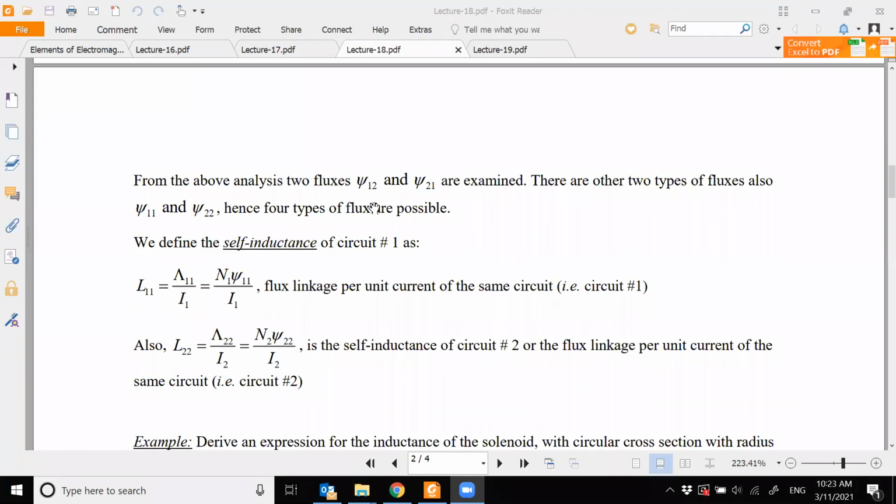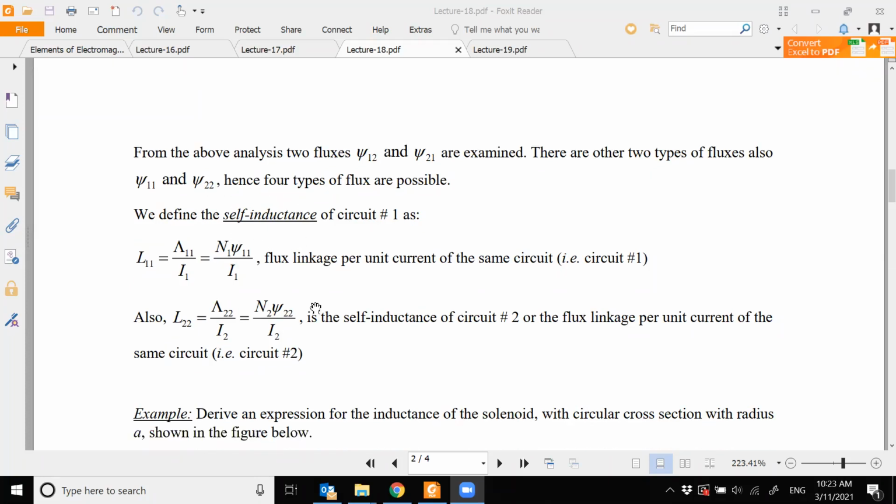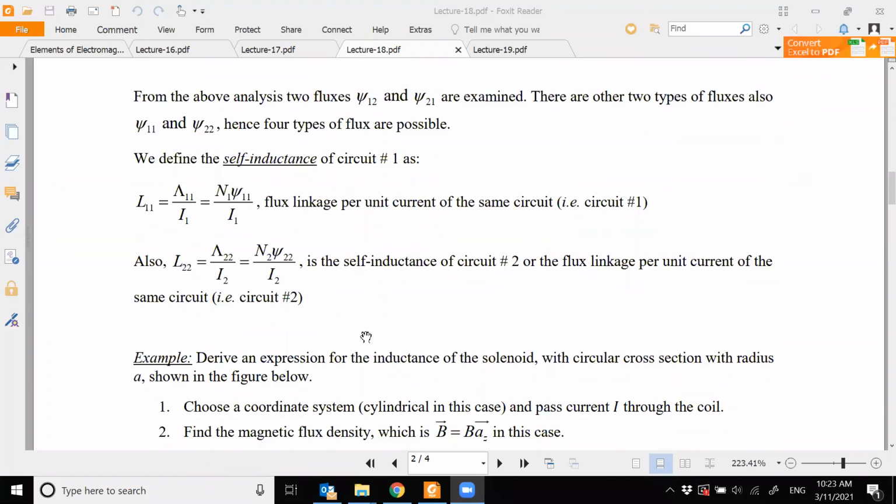That's why the proportionality constant that we got from here is called mutual inductance. Whereas this flux is self. That's why it is called self-inductance. And these are the expressions that we can use to find the mutual inductance or self-inductance of any type of loop.